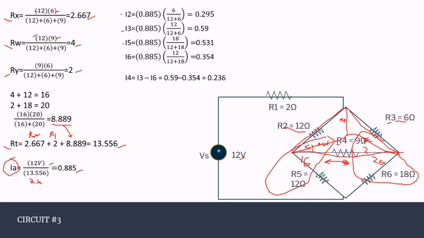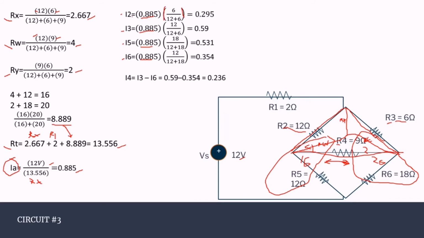To get our I2, I3, I5, and I6, we need our IA times this.